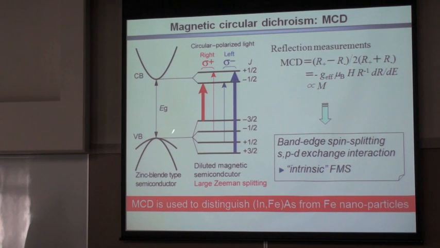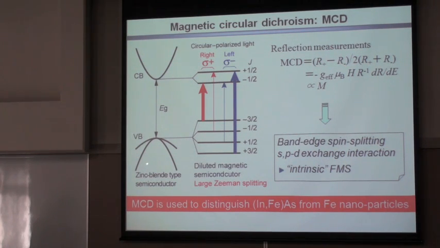So next we measured magnetic circular dichroism, MCD, spectra, and its magnetic field dependence. So MCD is basically the difference in optical response, reflection or absorption, between the two circular polarizations.